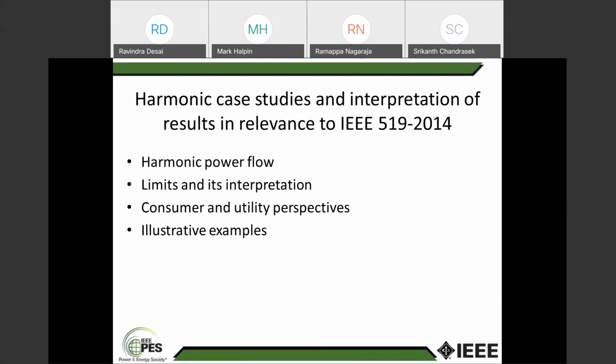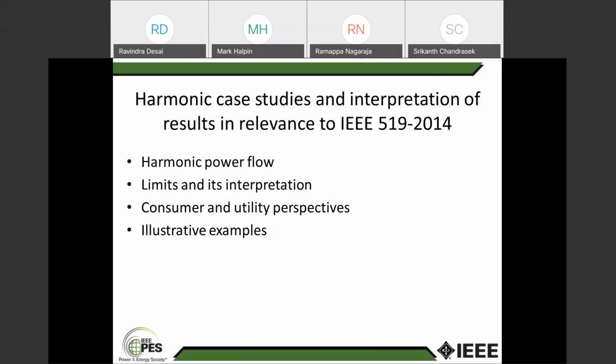I am going to discuss the practical case studies, and try to understand how the simulation studies can be conducted. One is the measurement, where we use various instrumentation to measure the harmonics for the existing system. But if it is a proposed system, then we also conduct various simulation studies.